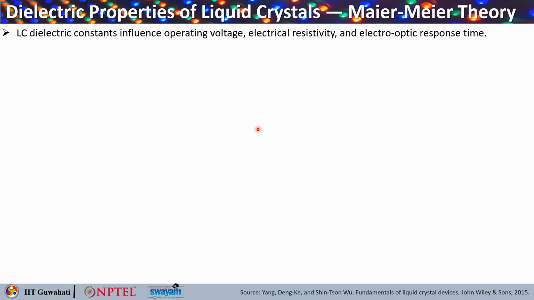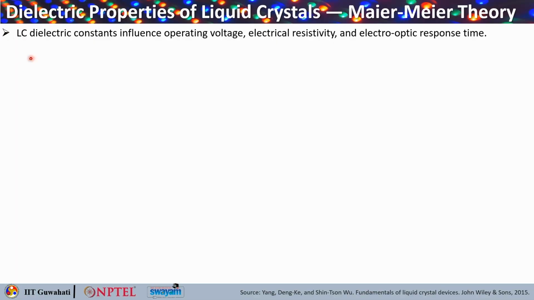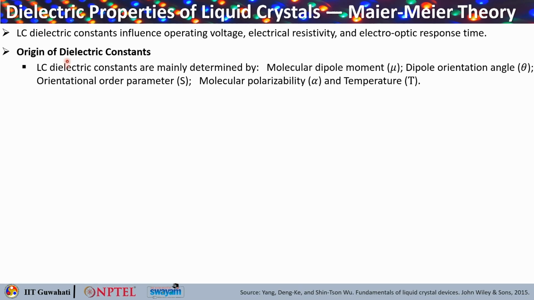So, here is the most important section for understanding how the molecular design determines the display mode compatibility. You can compare twisted nematic versus IPS versus vertical alignment. Let us talk in terms of the Maier physical picture. The liquid crystal dielectric constants influence the operating voltage, electrical resistivity and the electro-optic response time.